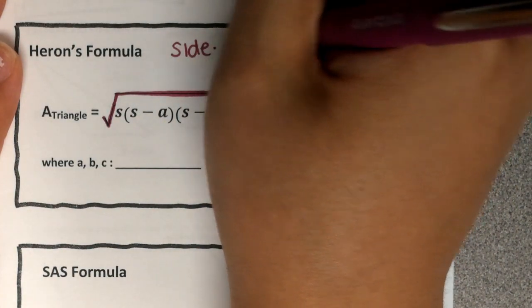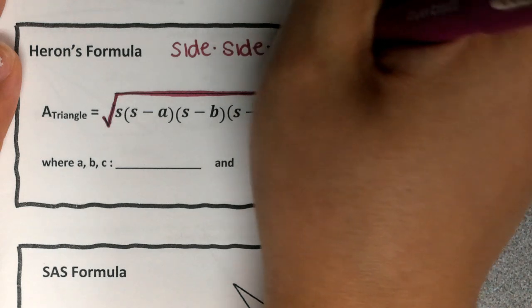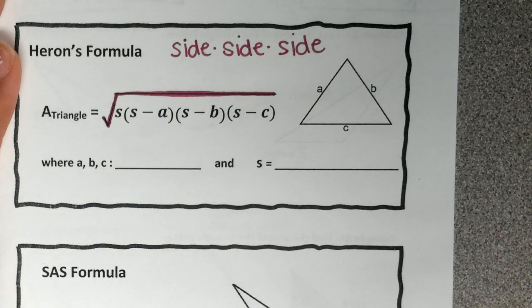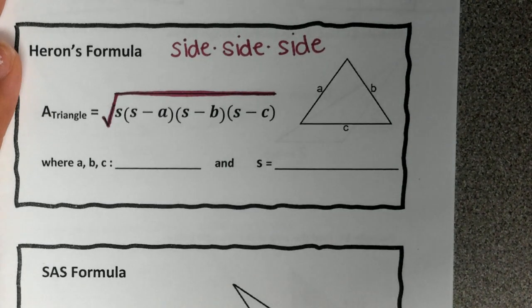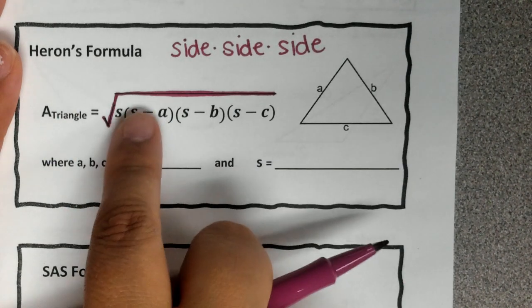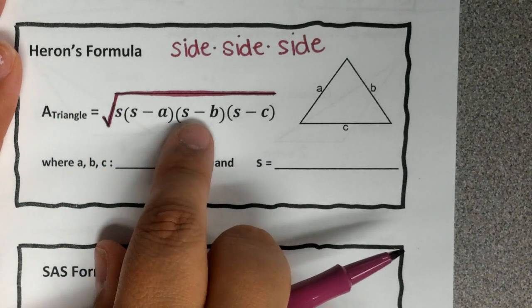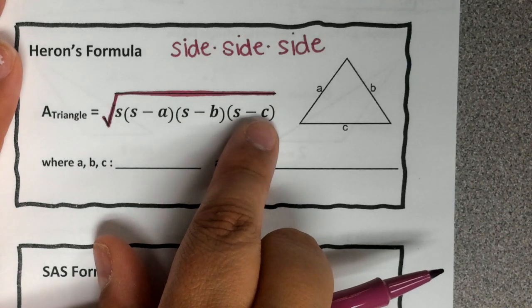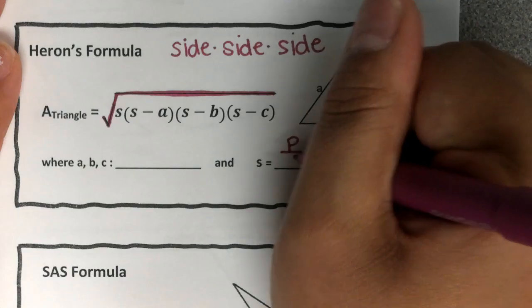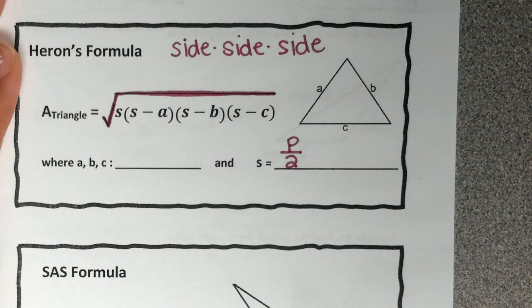Somebody said 3 sides. This formula you are going to use if you have side, side, side. If you have 3 sides, you are going to use this. I'm going to call the 3 sides A, B, and C. The formula is the square root of S times S minus A times S minus B times S minus C. S is your perimeter divided by 2.